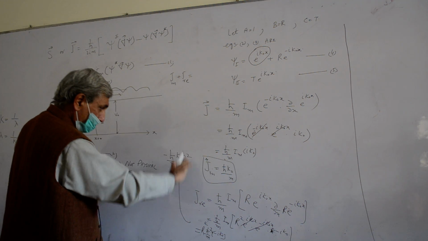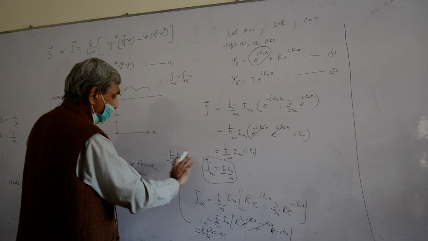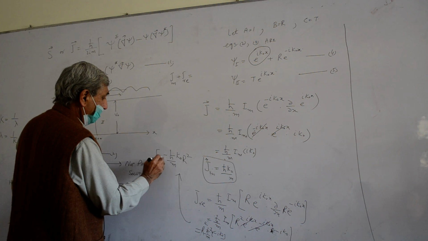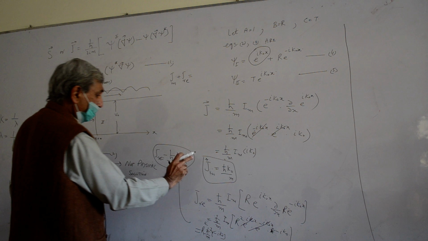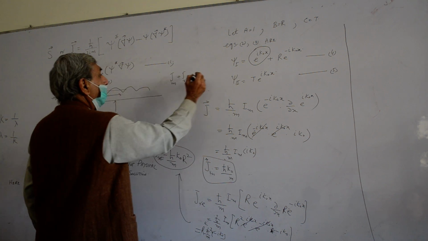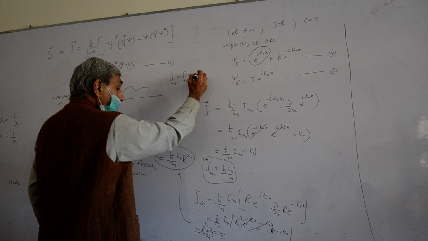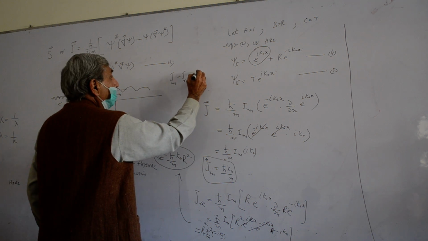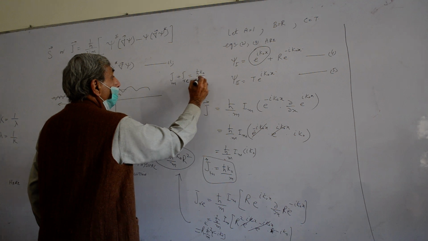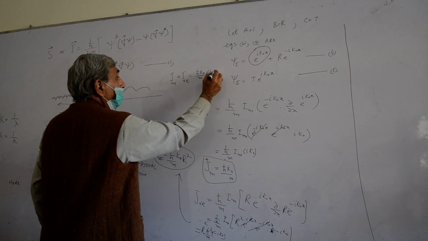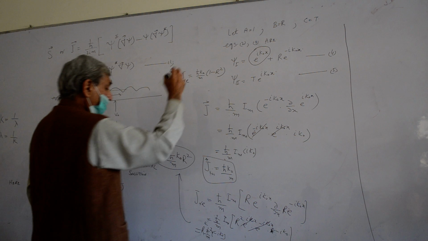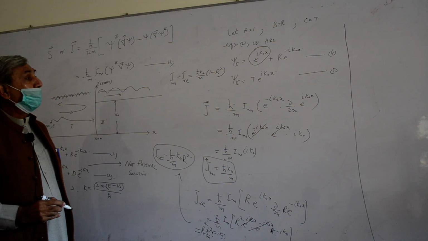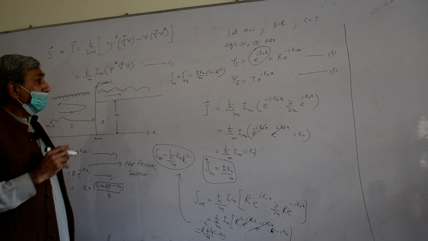If you subtract this from that, because this is J reflected, what will you be getting? h bar k naught over m into 1 minus r square.